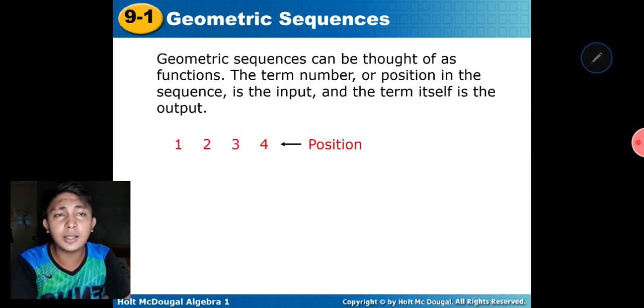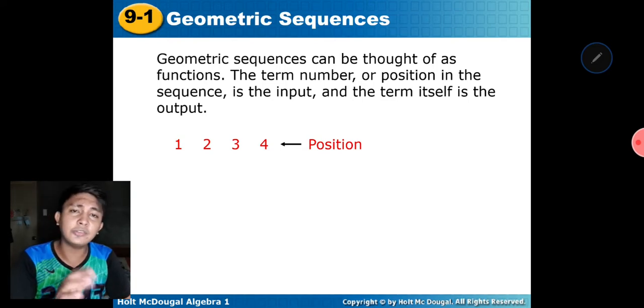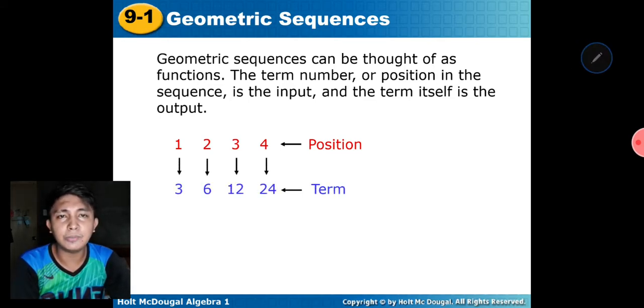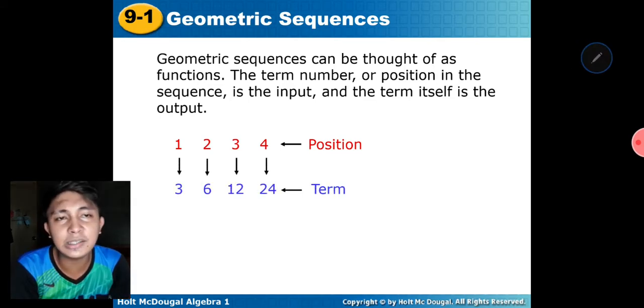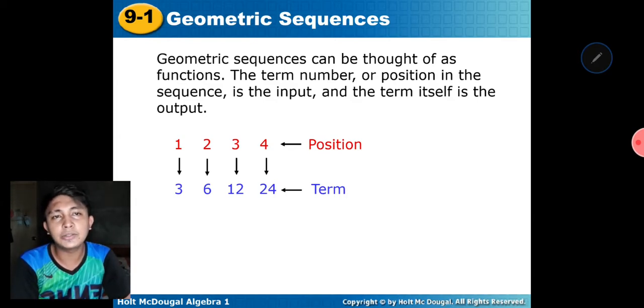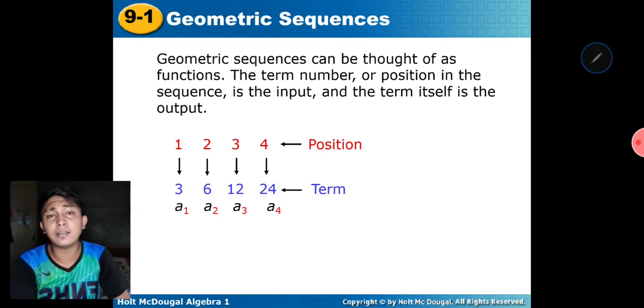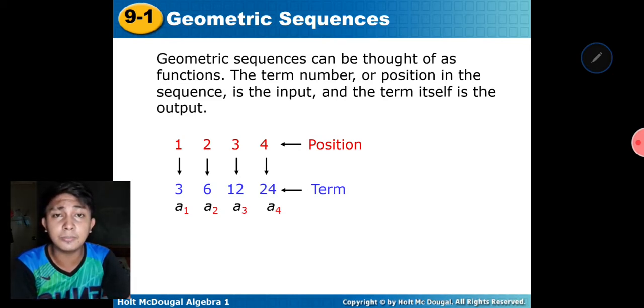We have the position: the first term, second term, third term, and fourth term. And we have the terms. So let's say we have 3, 6, 12, 24. Their positions are 1, 2, 3, 4. So we denote them as the first term a sub 1, the second term a sub 2, the third term a sub 3, and the fourth term a sub 4.